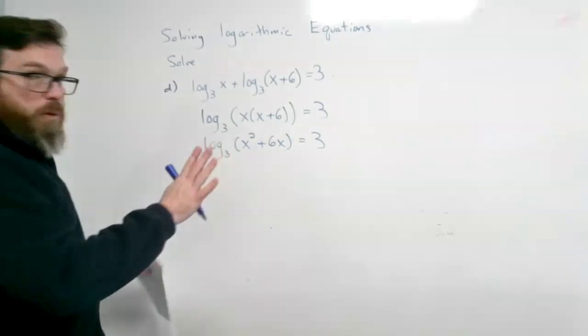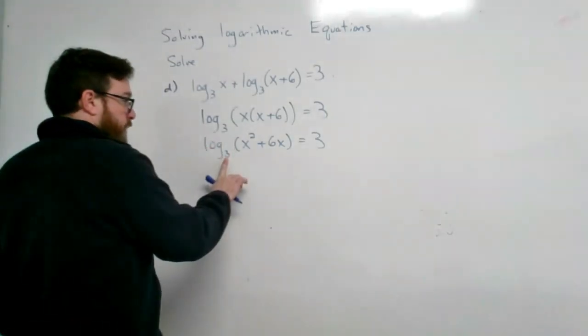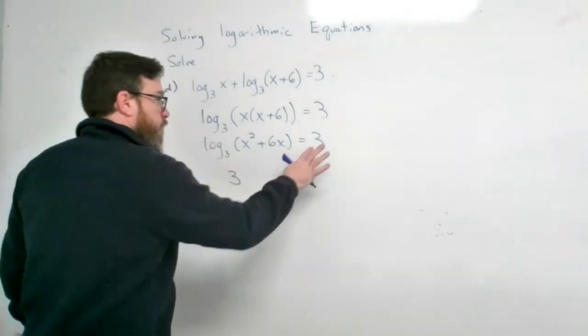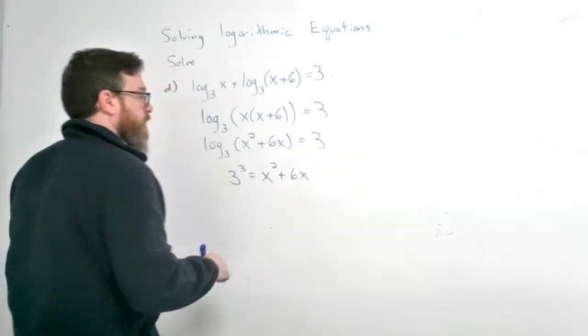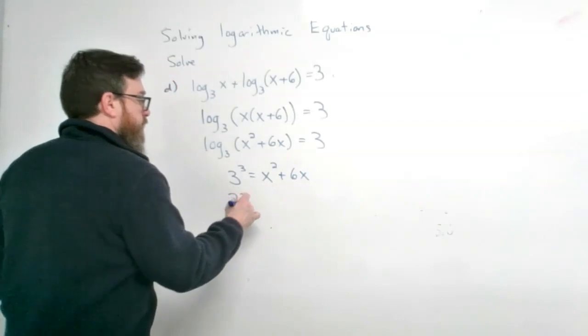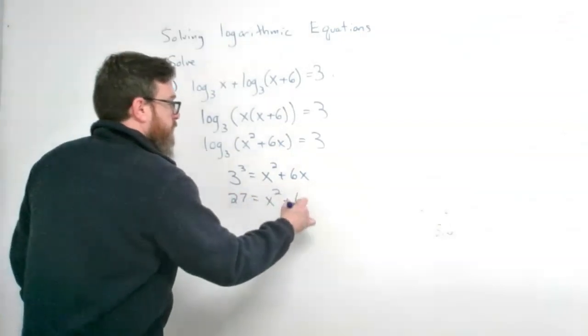Now, rewriting it as an exponential equation, we have base 3 raised to the third power is equal to x squared plus 6x, which is 27 is equal to x squared plus 6x.